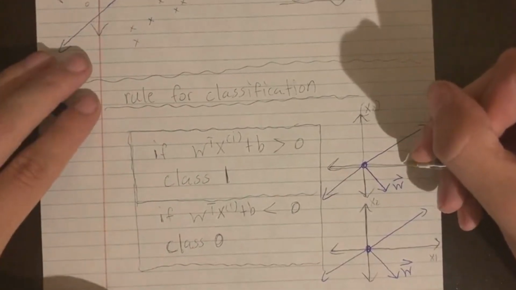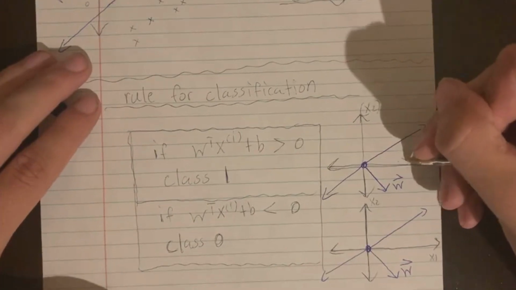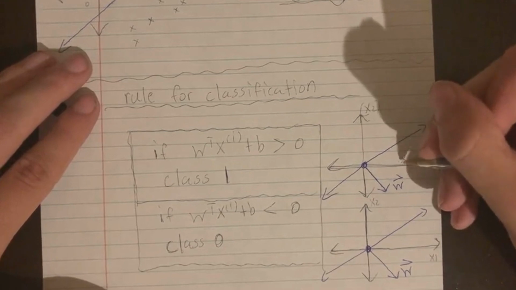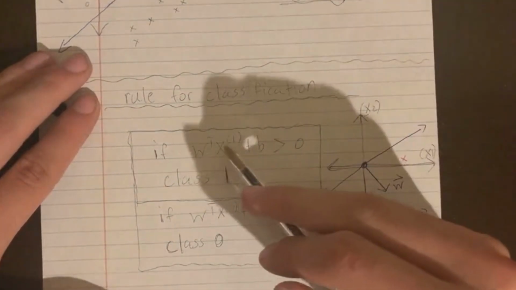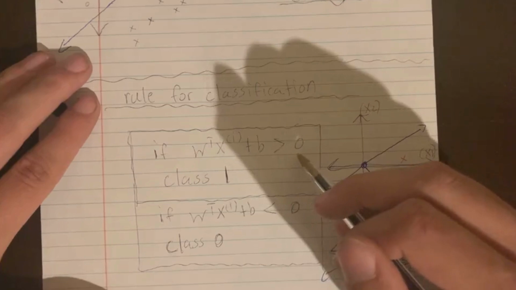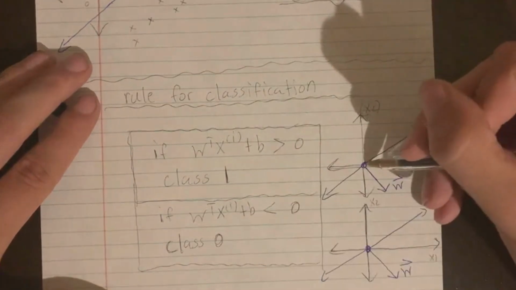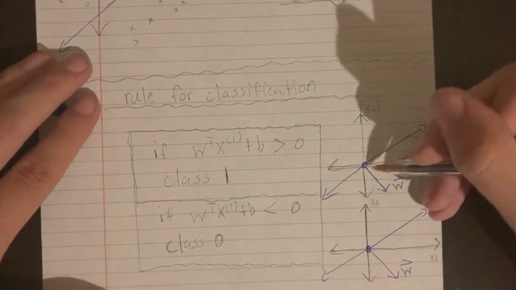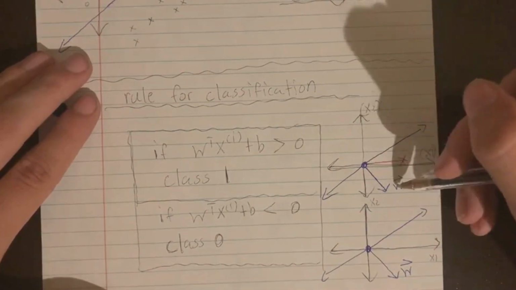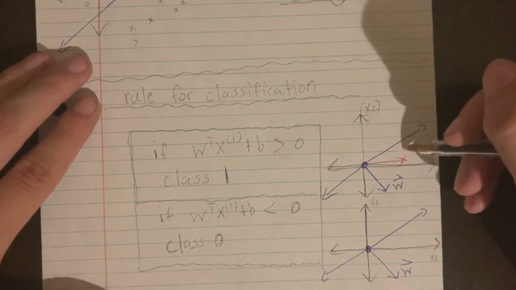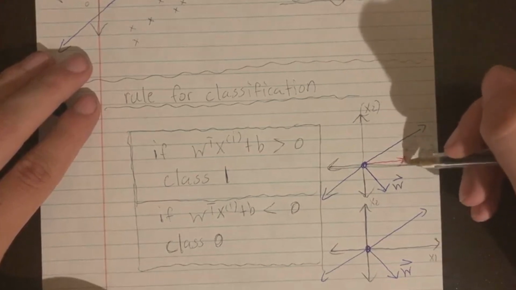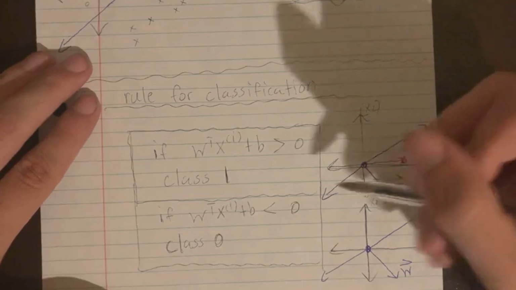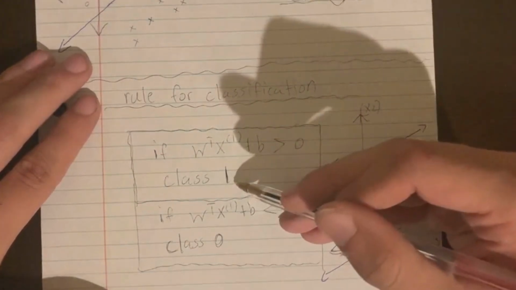If I mark a new point in the feature space and I ask you what class this example is, you would see if W transpose x of i plus b is greater than 0. If you draw the vector to that example, you can see that the dot product between the vector W and the vector x of i would be positive, so it would be greater than 0 and classified as class 1.